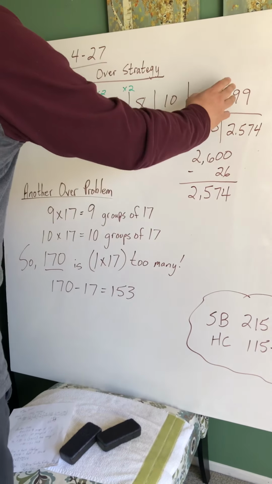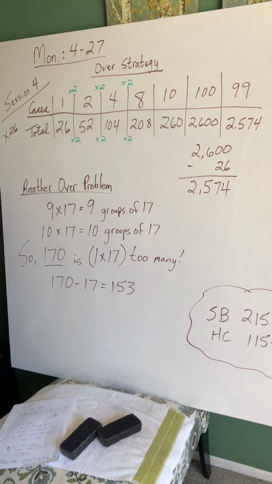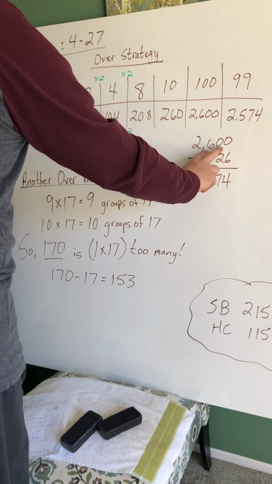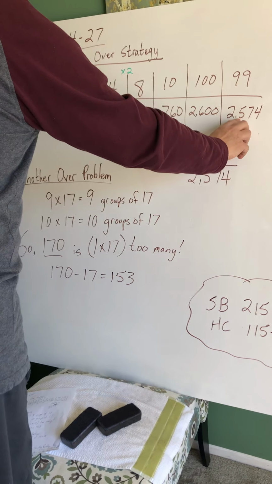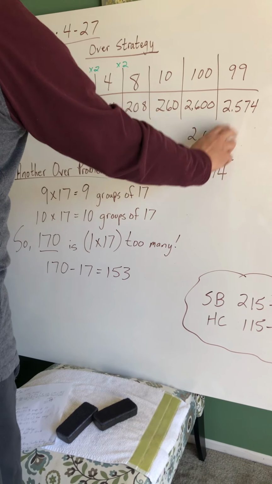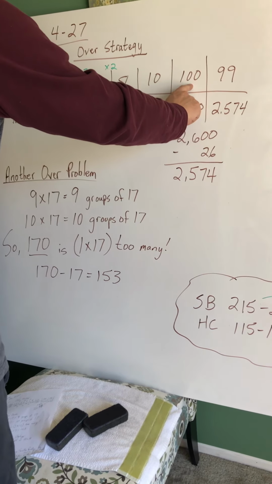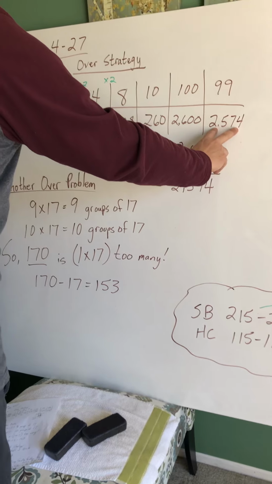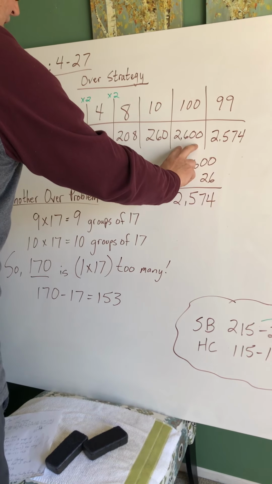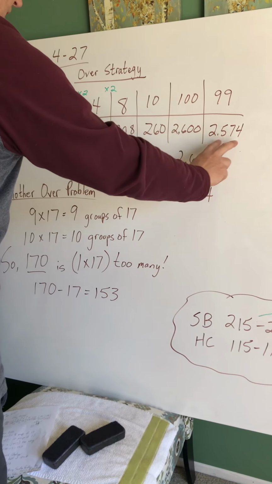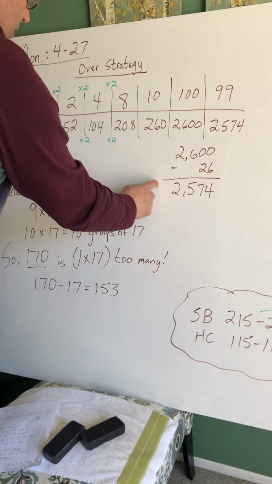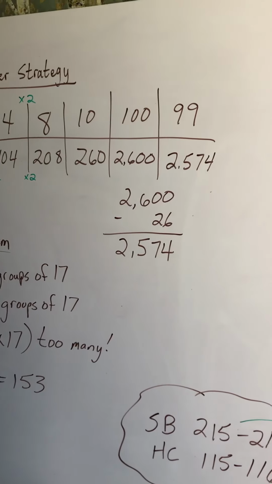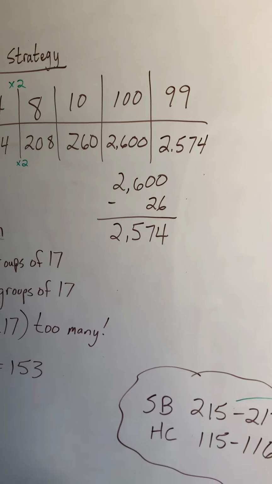So instead of doing 99 times 26, you go to 100 times 26, which is 2,600, and then you take one of the 26s back, okay? Because this is 100 groups of 26, and this is only 99 groups of 26. So if you take a group of 26 back from 2,600, you get 2,574, which is this. I know you might not do it that way, but I'm saying that's a possibility, okay?